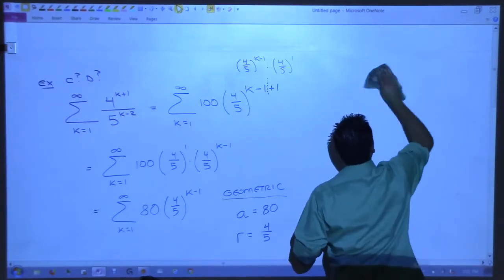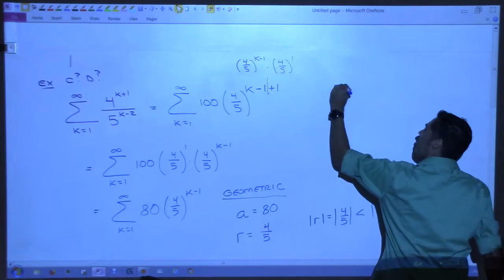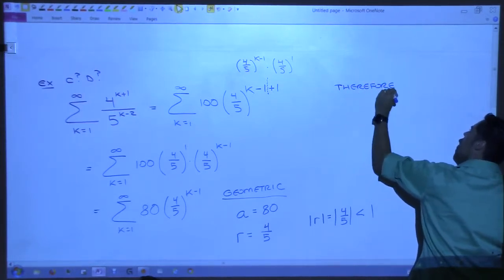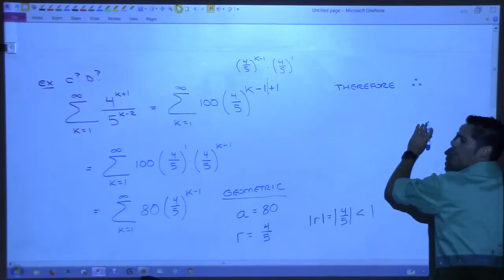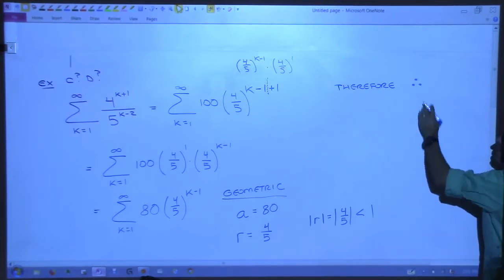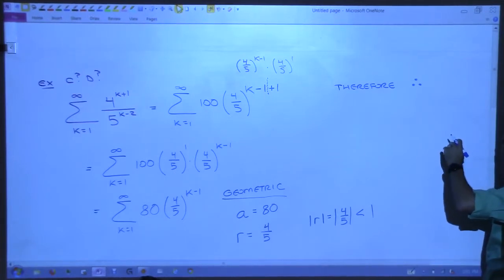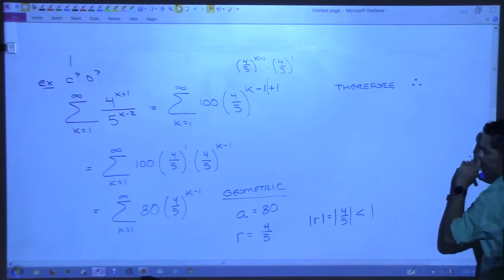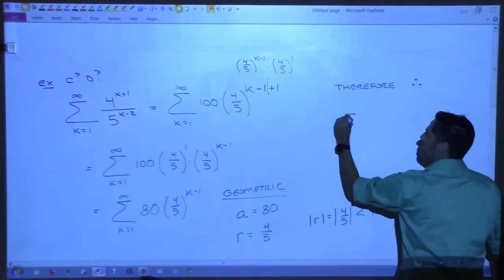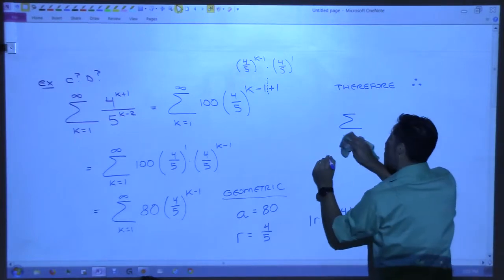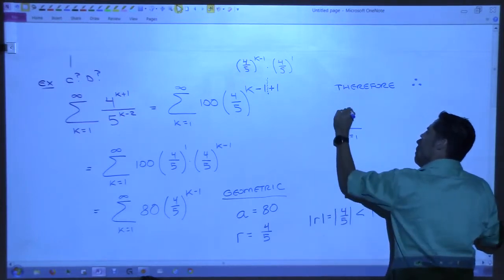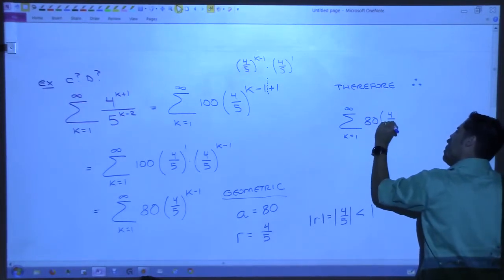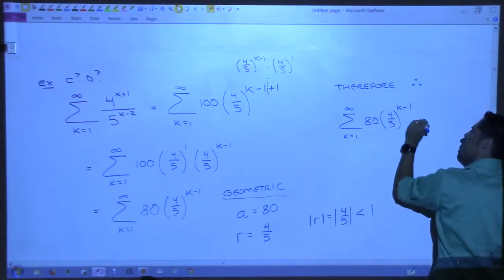Not only does it converge, we know what it converges to, right? So therefore, continuing, therefore, have I used the 3 dots in here for therefore? If I haven't, I'm going to start putting 3 dots like that every time I want to write the word therefore. Okay, it's just shorthand. Therefore, this series, okay, converges to what?